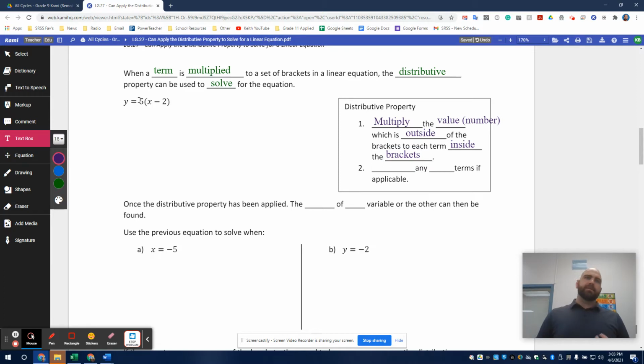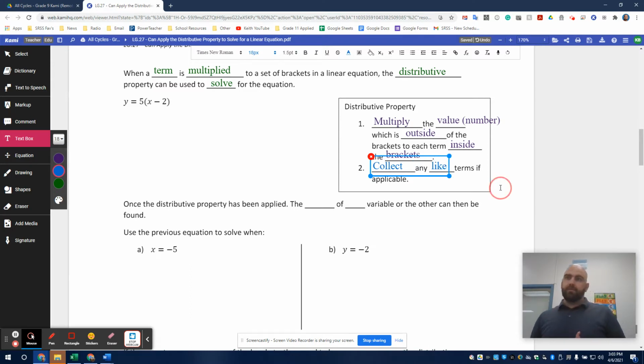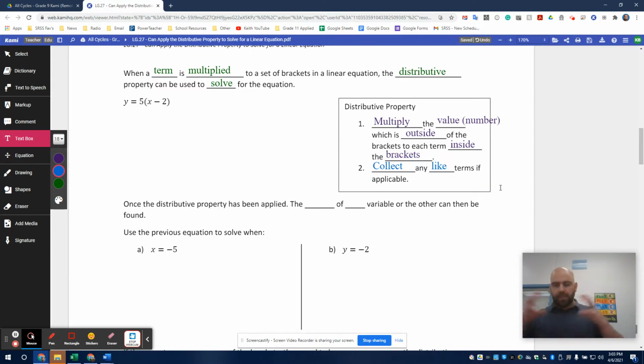Right, so we're going to have to multiply this 5 to each term inside the brackets, and we're going to go through that in just a little bit. Then once we have done that, we're going to collect any like terms, if applicable. So if there are like terms, we'll collect them together. Okay. In this first case, we're not going to have any, but we will end up having some like terms as well once we go through it.